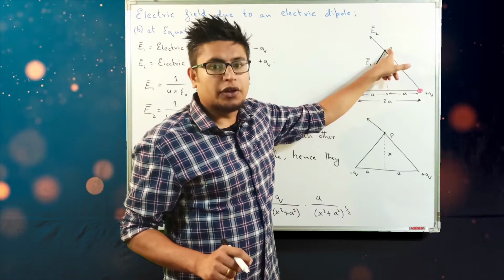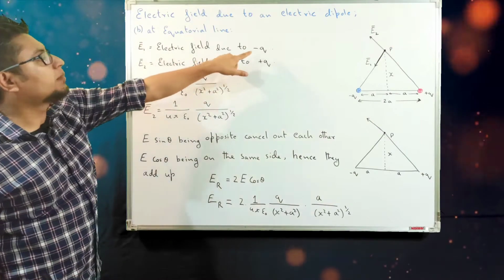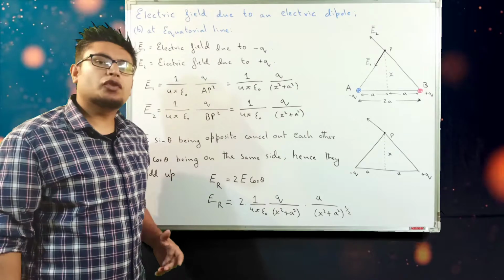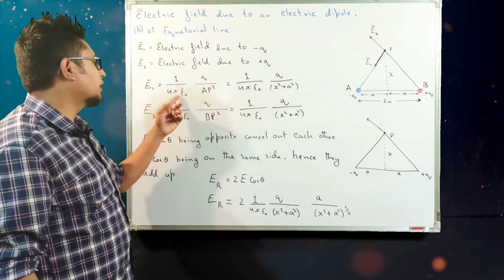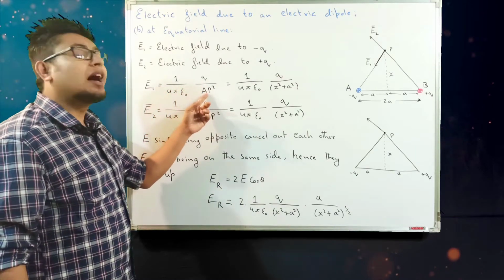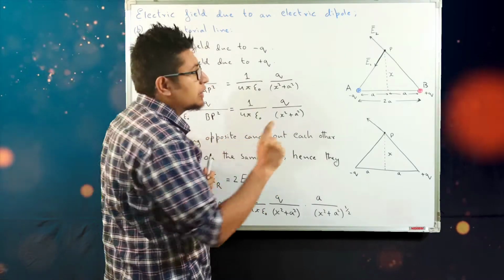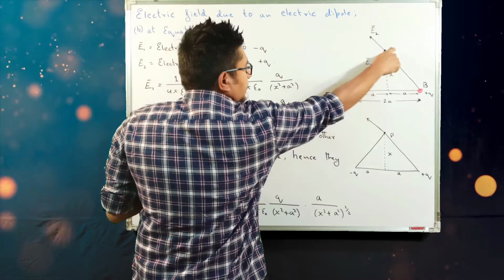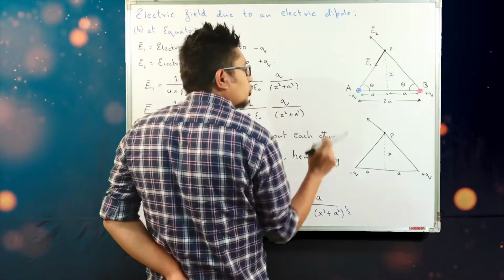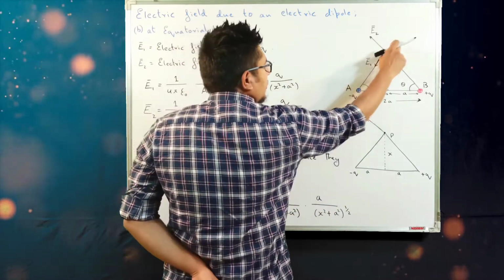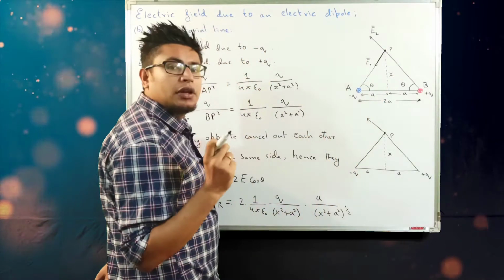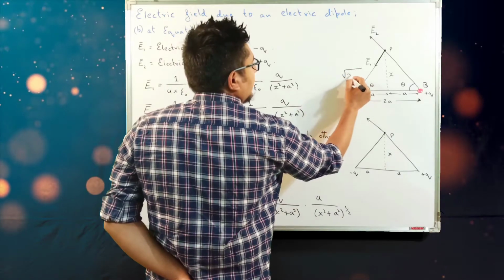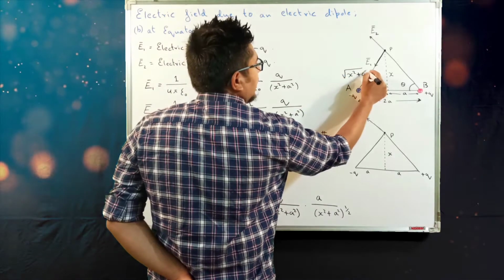Our aim is to find the electric field at point P and also its direction. The equation for E1 is 1 divided by 4 pi epsilon naught, Q divided by R square. R in this case is AP, the distance from minus Q to point P. To find this distance from A to P, I use the Pythagoras theorem, which comes out to be root over x square plus a square.